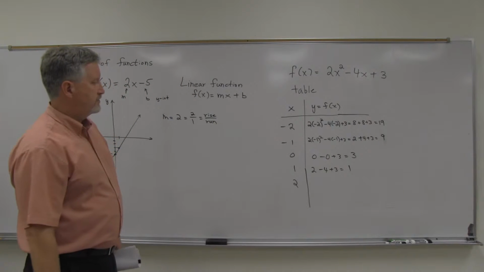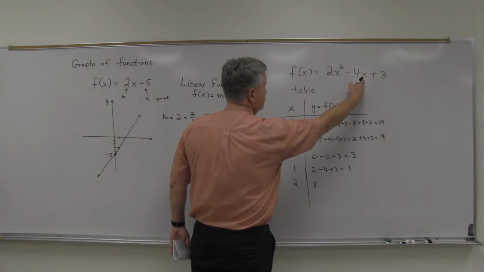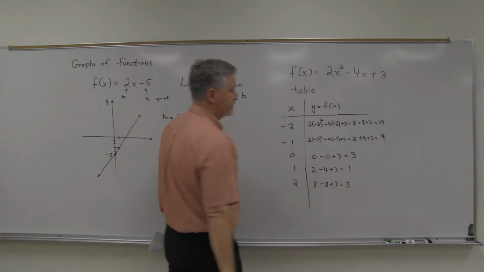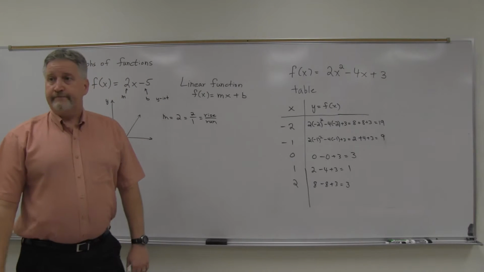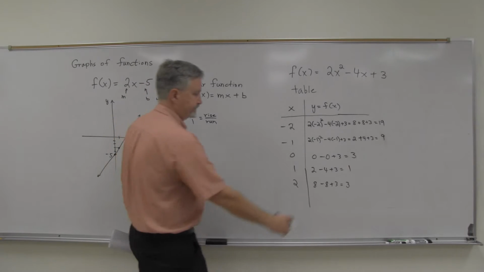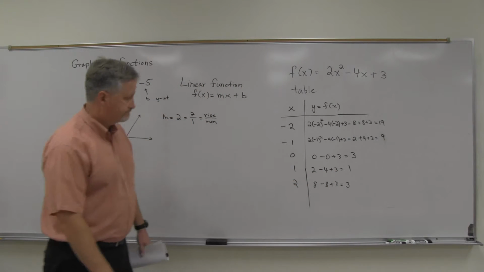And then 2, so 2 times 4 would be 8, minus 4 times 2 would be -8, plus 3, so we're back at 3. Is the 1 correct? Yeah, that's 5, and then you got -4. I think it's correct.